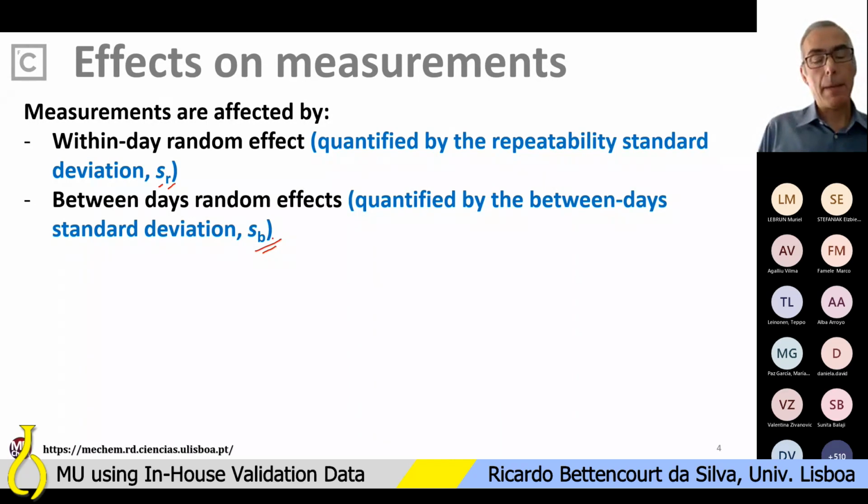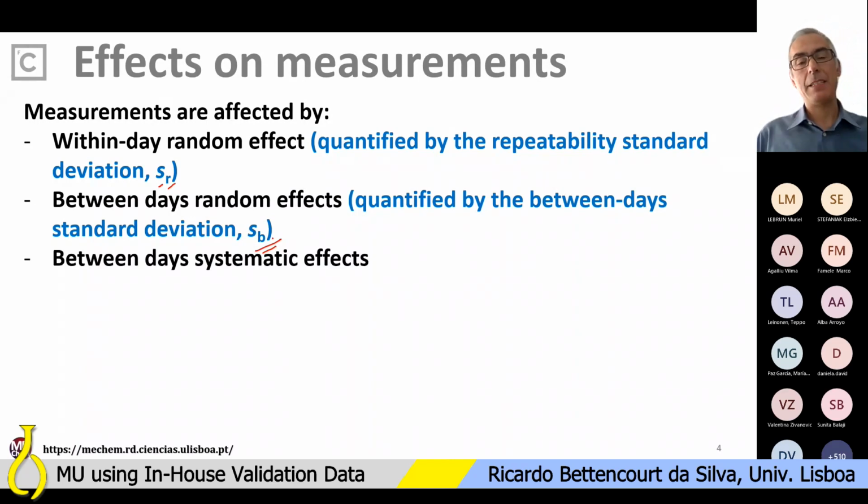But measurements are also affected by systematic effects, systematic effects that remain even if you do the analysis on different days. And these systematic effects are also responsible for the measurement error, the difference between the measured value and the reference or conventional true value of the measurement.